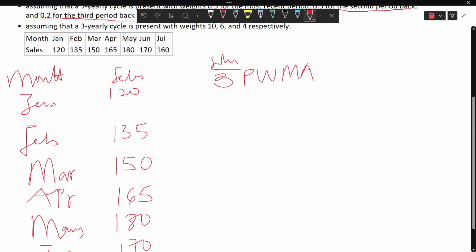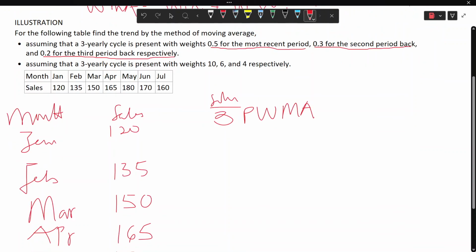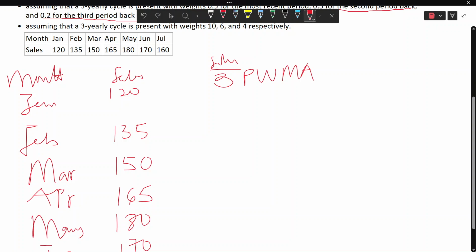So how do you find the 3-period weighted moving average? They are saying that the most recent period takes 0.5. So for 3 periods, you take the first 3, and the most recent data is for March.